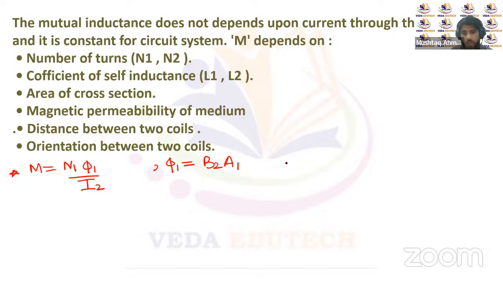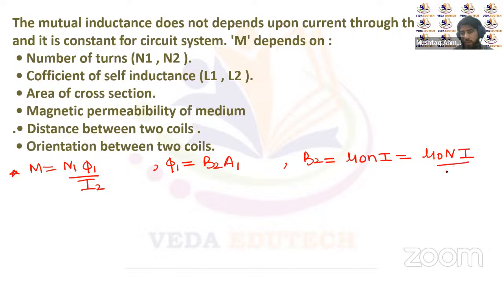And we know that if the inductor here is a solenoid, then the magnetic field inside a solenoid is mu naught n I, where n is the number of turns per unit length. If the length of the solenoid is L, we can write it as mu naught N I upon L, where N is the total number of turns.